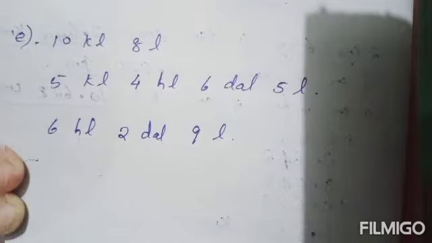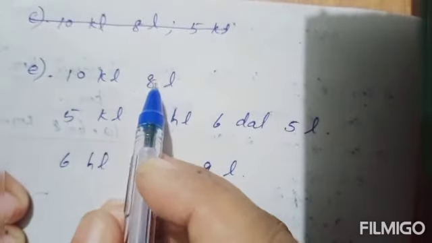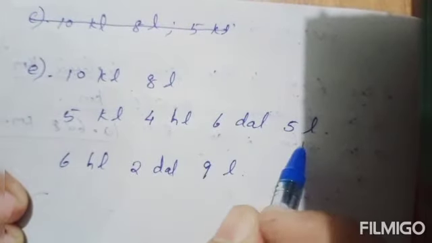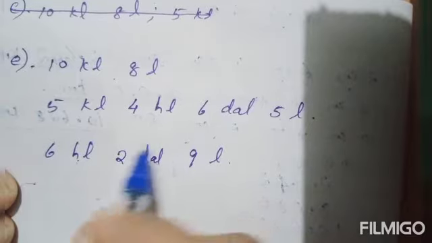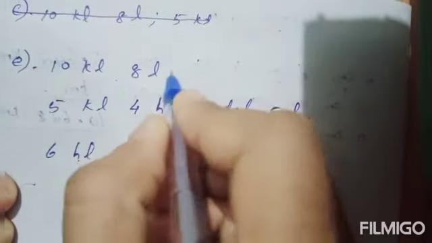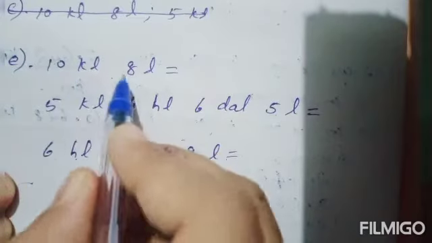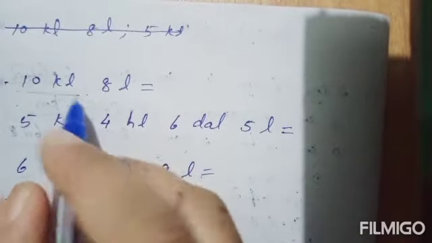Okay. Next E. 10 kiloliter, 8 liter, 5 kiloliter, 4 hectoliter, 6 decaliter, 5 liter, then 6 hectoliter, 2 decaliter, 9 liter. First you have to express these in decimal notation. Okay, so 10 kiloliter, 8 liter. How can you write it? Kiloliter will come before the decimal point.